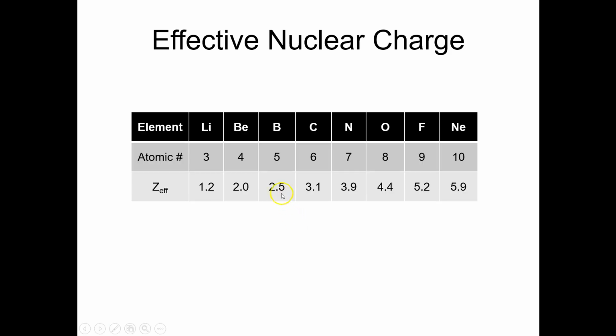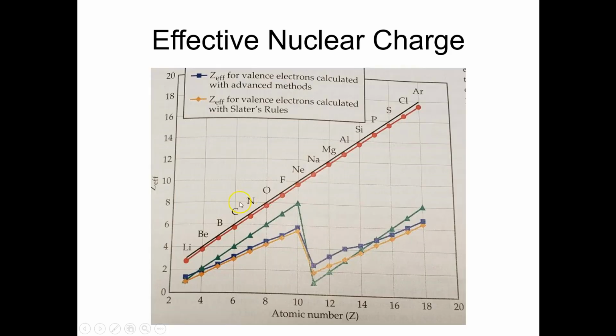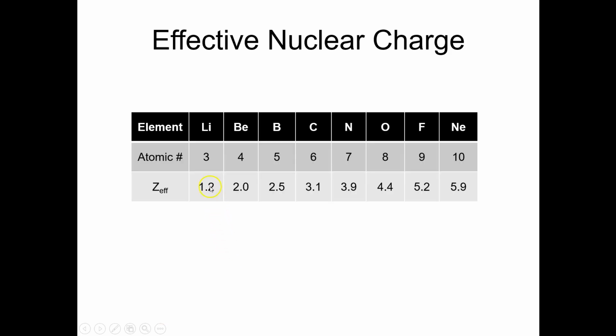So what I've done is I've taken this graph down here, the blue graph, which shows the actual reality using advanced methods of calculation for what the effective nuclear charge is. And I put that into a table here. So these are all the elements in period 2, beginning with lithium and going all the way through neon.